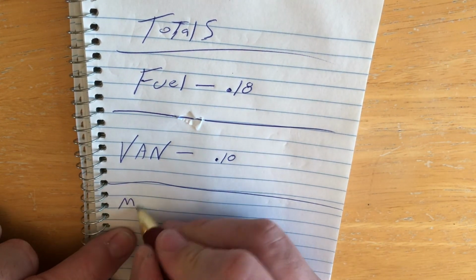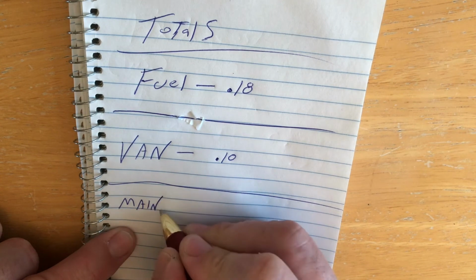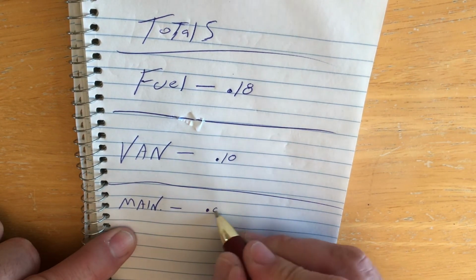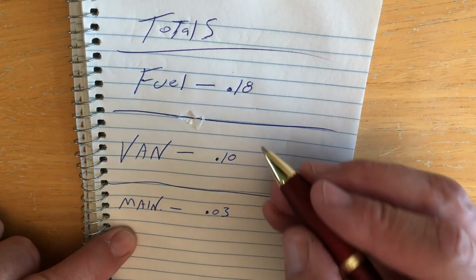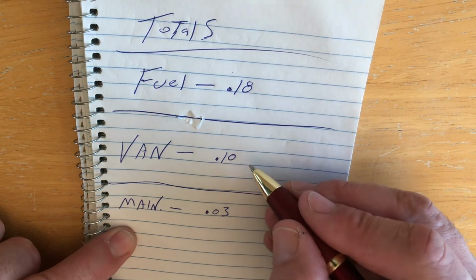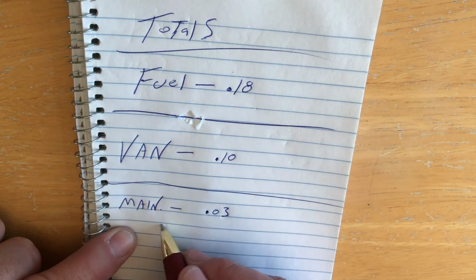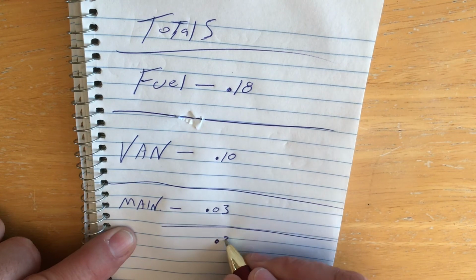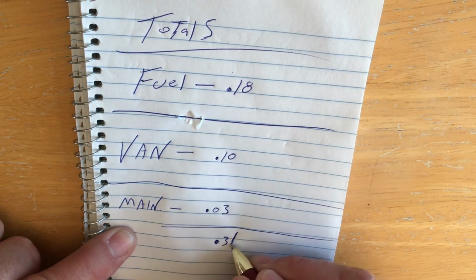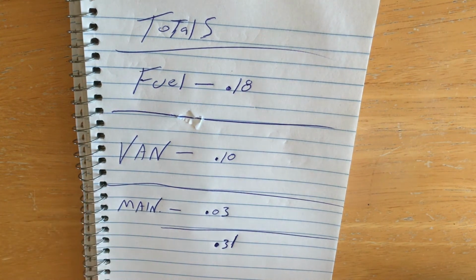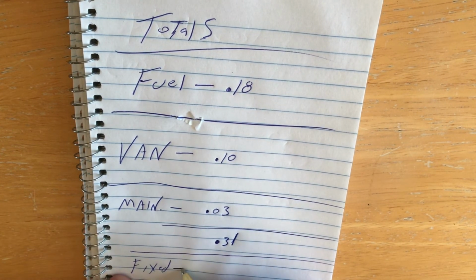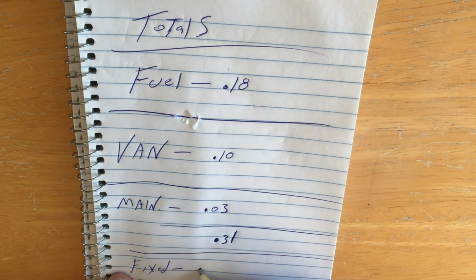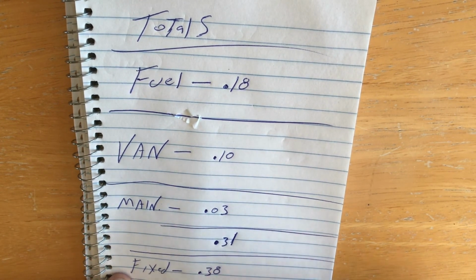My maintenance is 3 cents per mile. And for me, these are my main costs. So I've got 18 and 10 is 28, plus 3 is 31. So my cost per mile, according to my estimate, is 31 cents per mile to drive down the road. If I included my fixed cost that we talked about, which is insurance, I would be at 38 cents per mile to drive down the road.